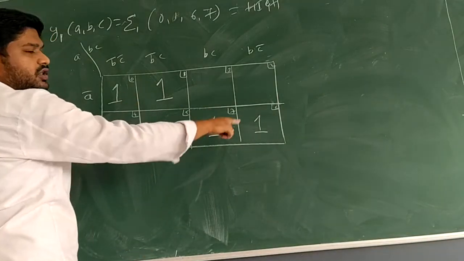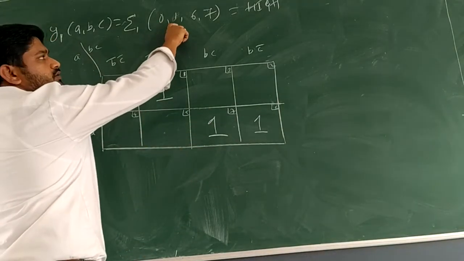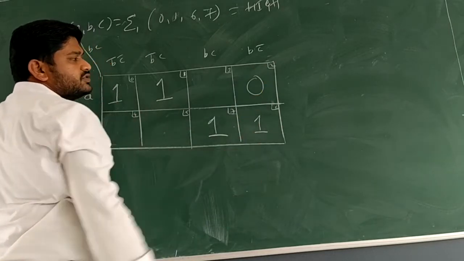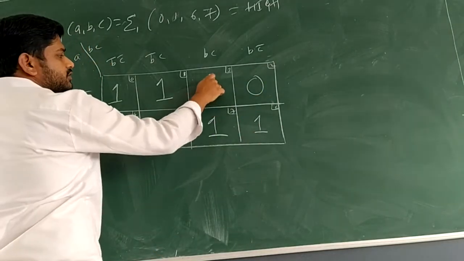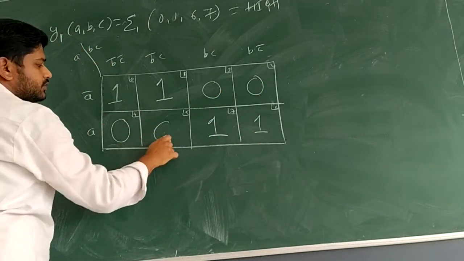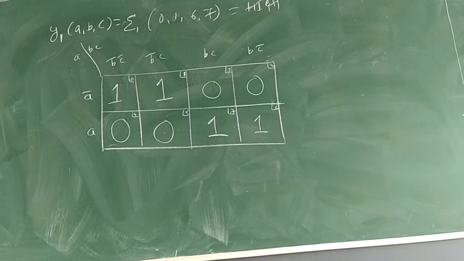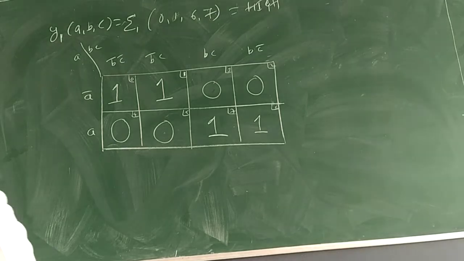So what are the non-given cells? Is 2 given? No. Hence it is 0. 3 is not given. 4 is not given. 5 is not given. Okay. So this is called entry in the K map.